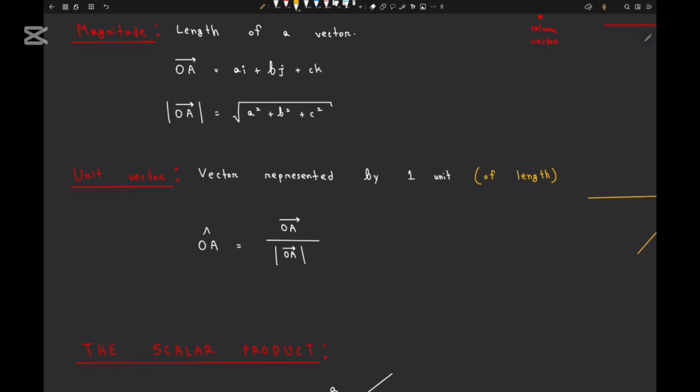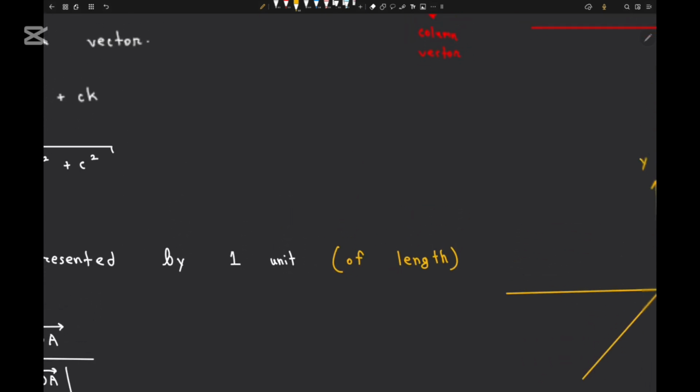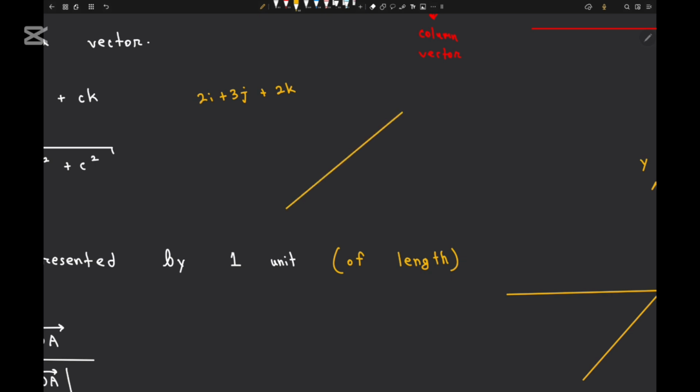Now the unit vector is basically the vector represented by 1 unit of length. Let me give you an example. Let's say we have the vector 2i plus 3j plus 2k. So the line should look something like this.